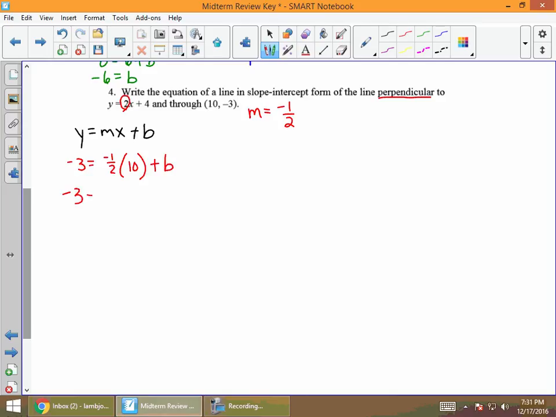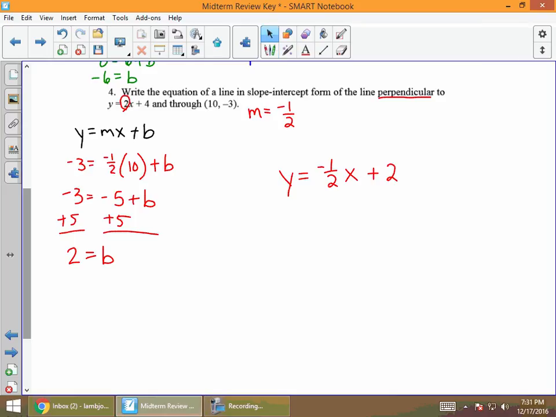So negative 3 equals negative 1/2 times 10, which is negative 5, plus b. Add 5 to both sides. Negative 3 plus 5 is 2, which is equal to b. So the equation of that line is y equals negative 1 over 2x plus 2. And that is the end of Unit 6.